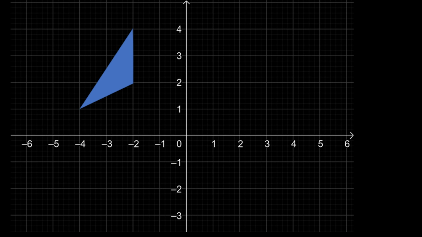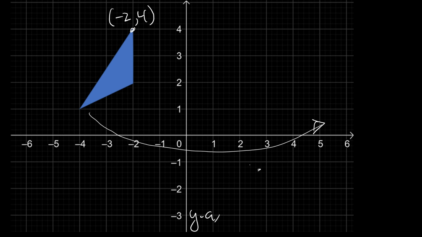A beautiful triangle here, and there's a particular vertex that we're going to track. It's located right here, and it has a coordinate where x is -2 and y is +4. And what we're going to do is just take this and reflect the entire Cartesian coordinate plane across this thing we call the y-axis.